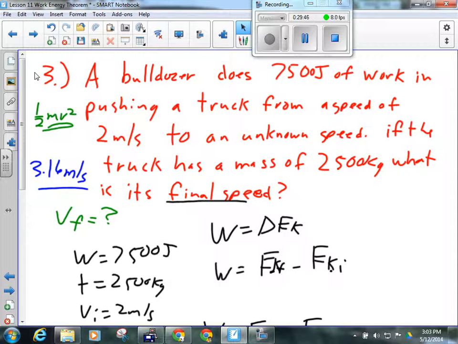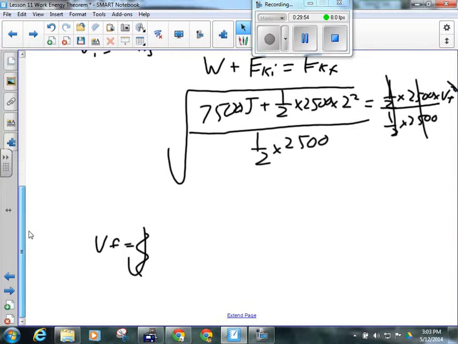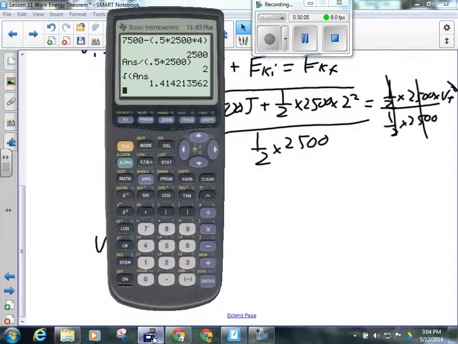Oh, I messed something up somewhere. Did I forget to square something? I must have messed something up when I punched it in. Yeah, I went minus up here. Sorry guys, I just pressed the wrong key. Thought that answer didn't look quite right.